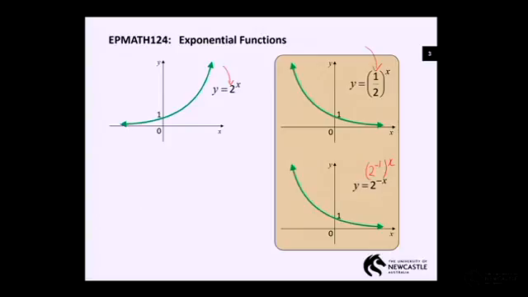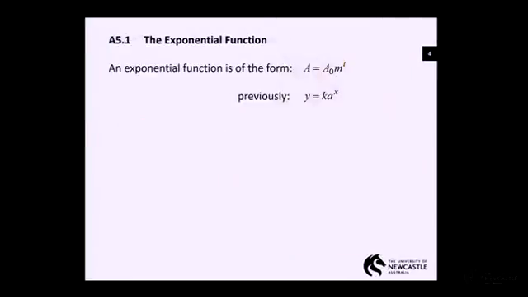Both of those are the same graph, because 1 on 2 is the same as 2 to the minus 1, to the power of x, which makes it look like 2 to the minus x. So these graphs are decreasing, coming down. Both of these are to be embedded in your head: the increasing version and the decreasing version.